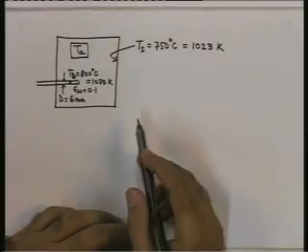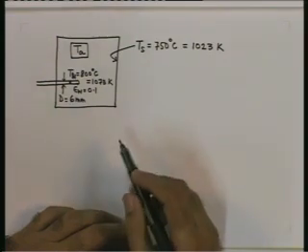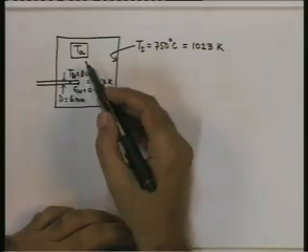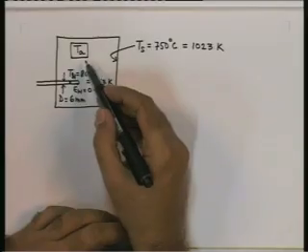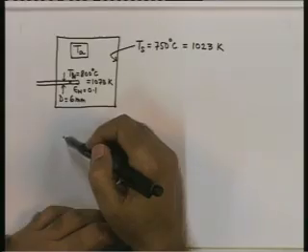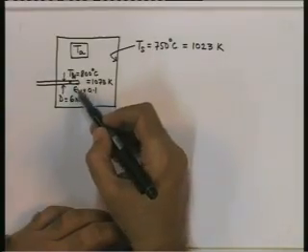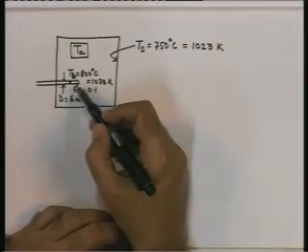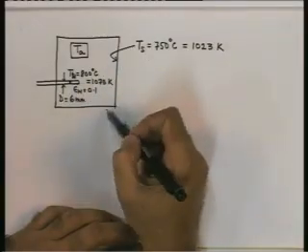Now let us look at it this way. The air is at some temperature, there will be a heat transfer by natural convection between air and the wall. Then the wall of this thermocouple tube, copper tube, will exchange heat by radiation with the inner surface of the enclosure.